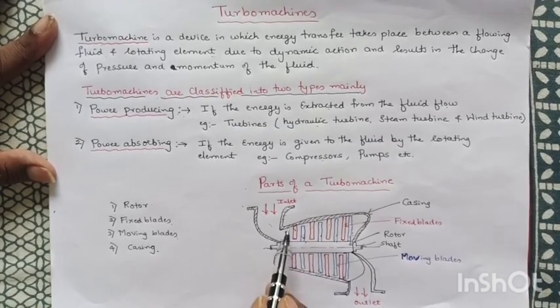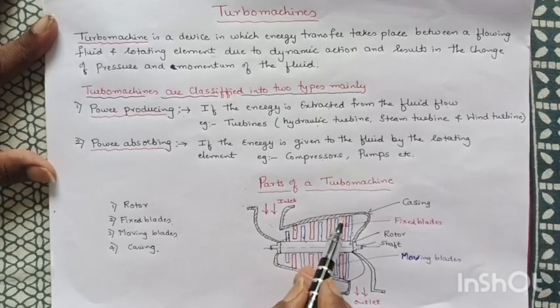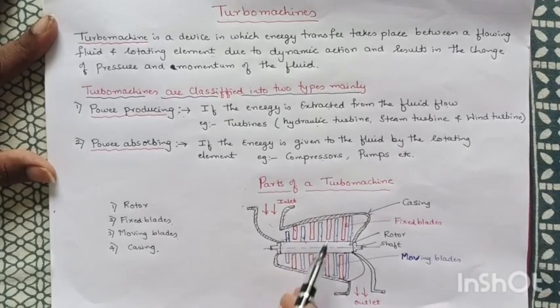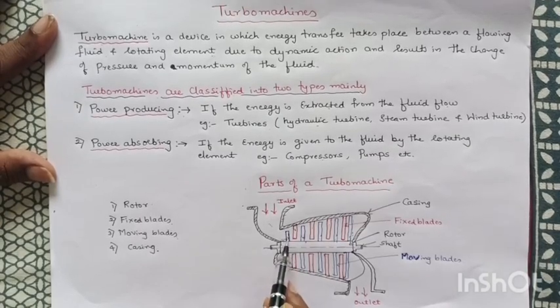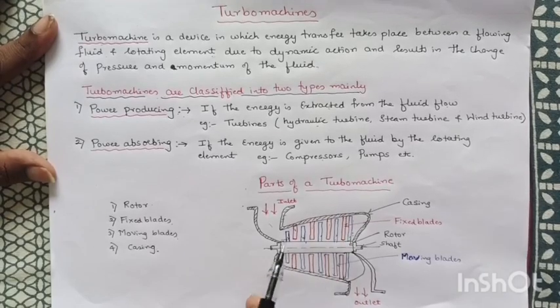So in order to accommodate the same flow rate throughout this turbo machine, we need to increase the flow area. For that purpose, the cross-sectional area of the turbo machine goes on increasing here. You can see here, for that purpose also the height of the blades goes on increasing.